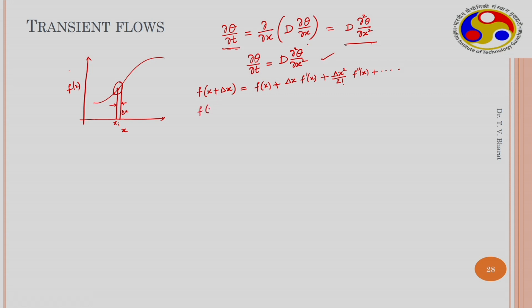Similarly, for f of x minus delta x, so that is for this particular point, this expression becomes f of x minus delta x f dash of x plus delta x square by 2 factorial f double dash of x minus so on and so forth.